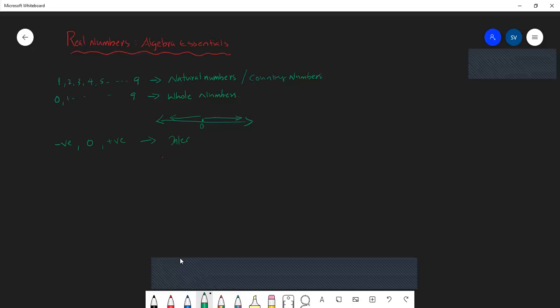When we started, we had only the positive numbers, and the Indian scientist added zero, so the system changed its name into whole numbers. Then they added negative numbers also, so the system changed its name into integers.